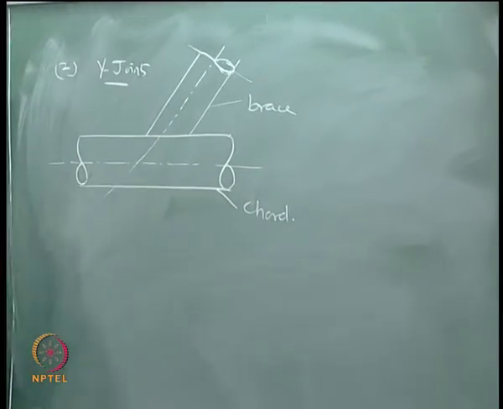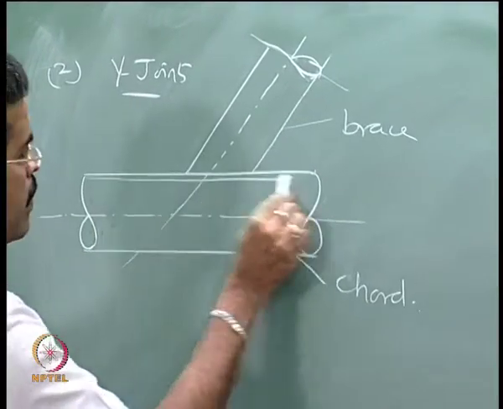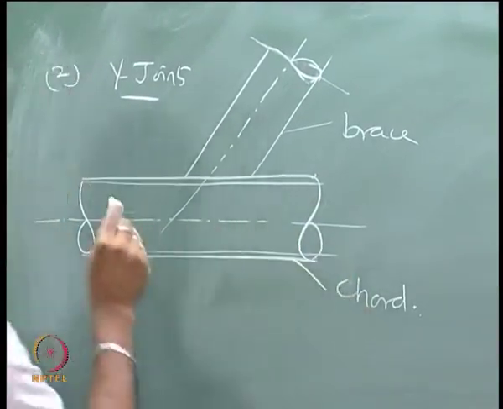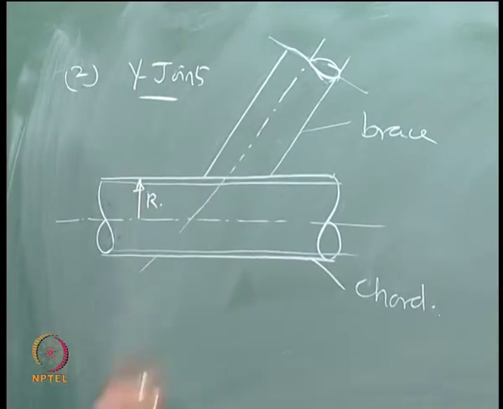This is my thickness of the chord, this is radius of the chord, and this is thickness of the brace.